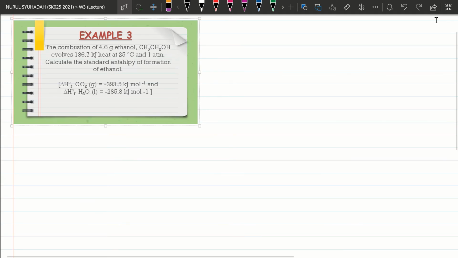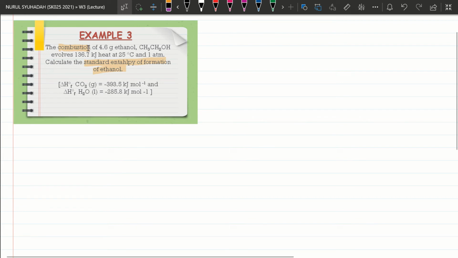Let's start by writing down the target equation. The question gives us combustion, and we want to find the standard enthalpy formation of ethanol. So the target equation that we will write down is not the standard enthalpy formation of ethanol, but we're going to write down the combustion.